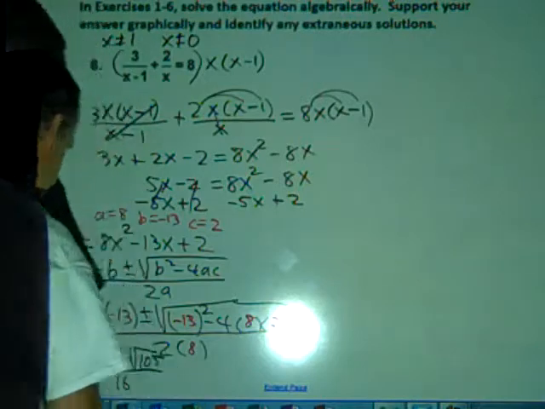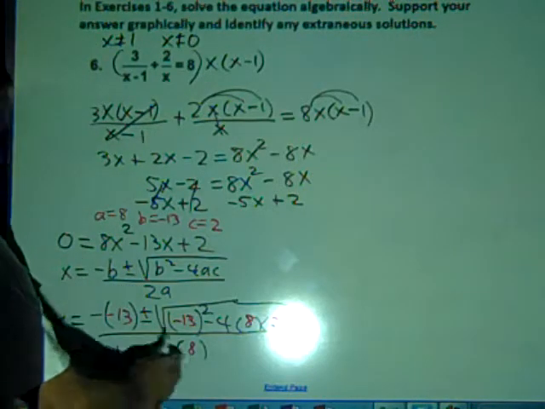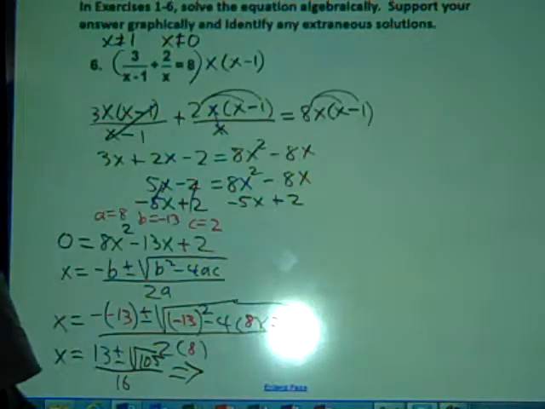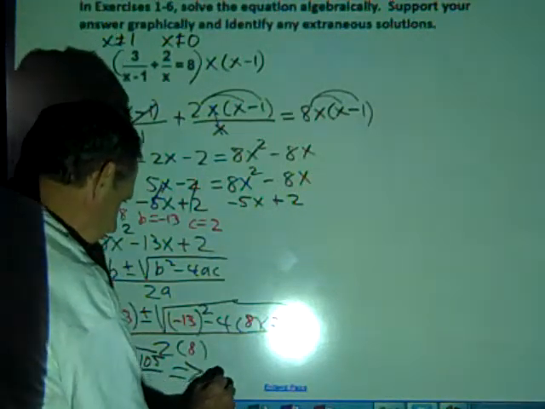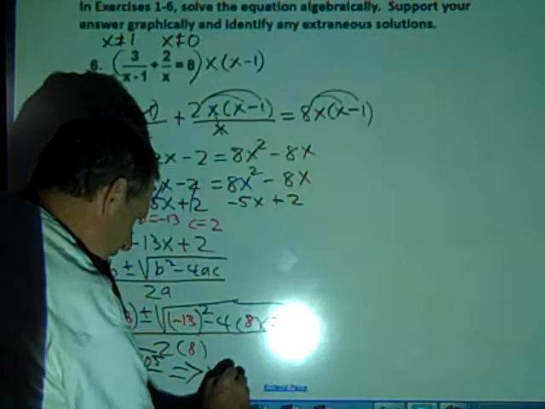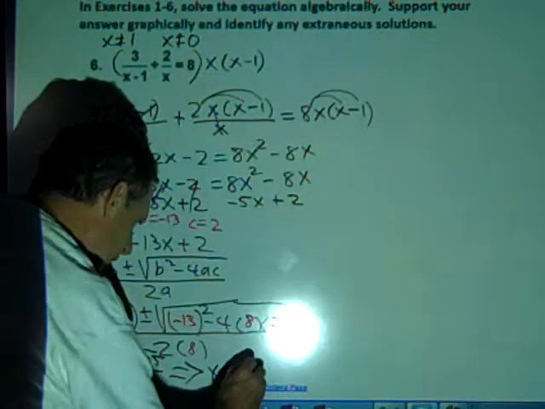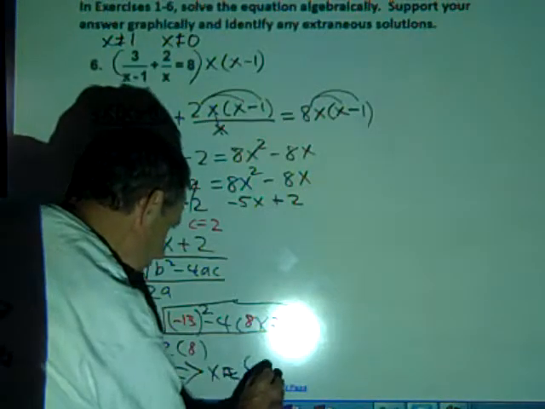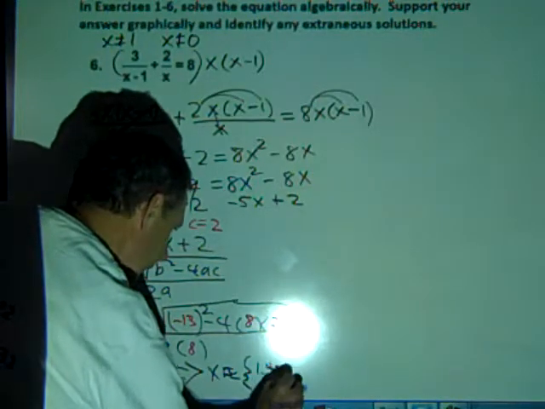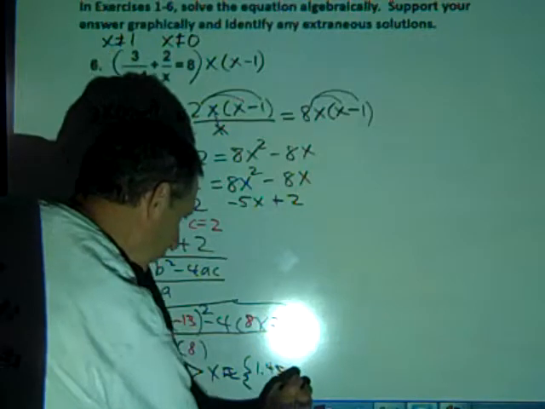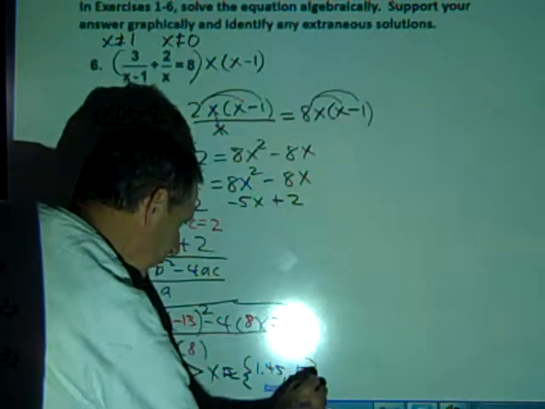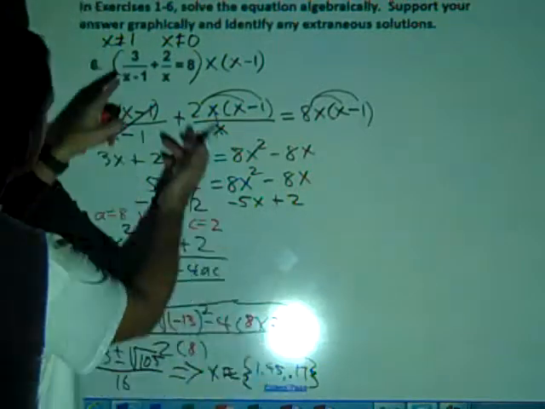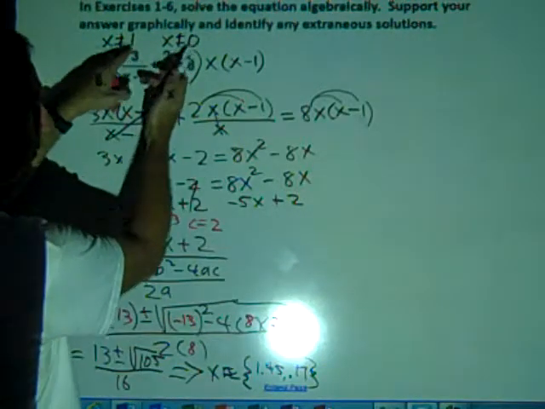And if we work this out and decimalize this, we get approximately x equals, and I say approximately because it's irrational, 1.45 and 0.17. So those would be our solutions. We see that these solutions do not match the extraneous ones we found earlier.